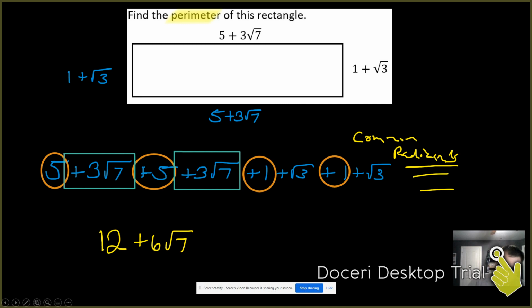We have a plus square root of 3 here and a plus square root of 3 here. But here's what you've got to make sure you know. If there's no number in front of it, we assume that there's a 1 there. So 1 plus 1 is 2 square root of 3.